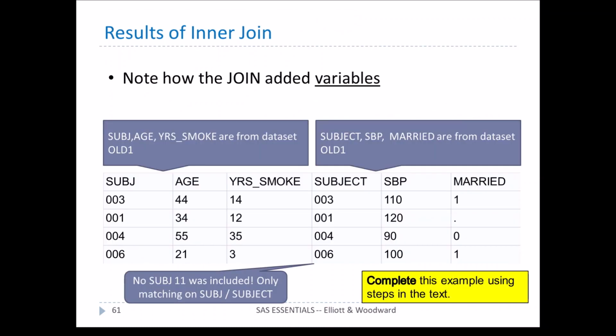All right, so now that we run that, we see how the data sets were joined together. In this case, we have subject 3, age 44 years, smoke, there's subject 3, subject and married. So we added new columns of variables. And also note that no subject 11 was included because there was no match.